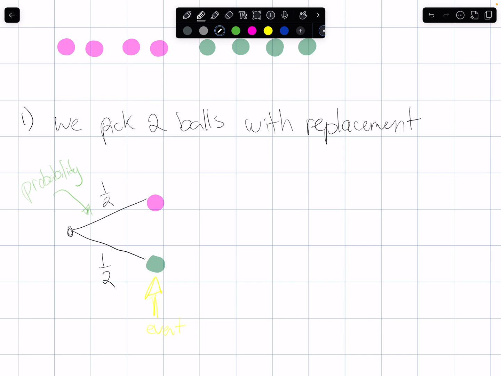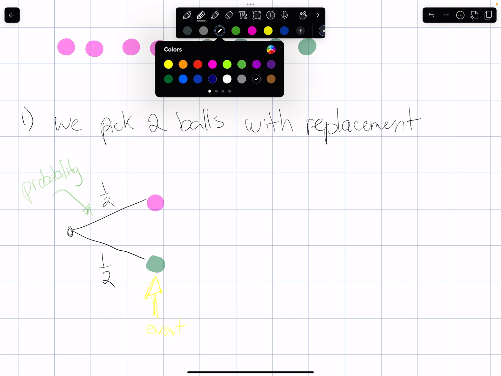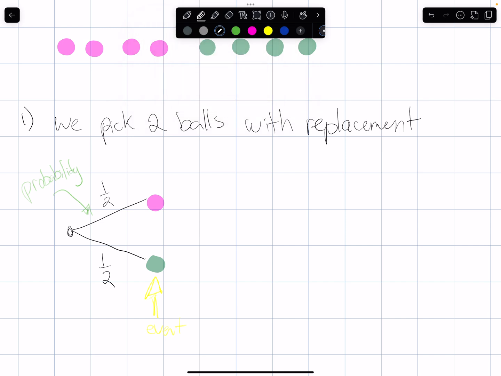We need to add these two probabilities, pink and green. Intuitively, picking pink or green is almost a certain outcome, and we can see that by adding a half plus a half, which is a whole.